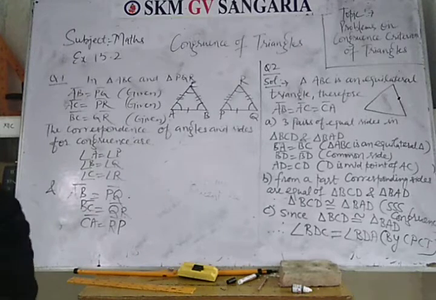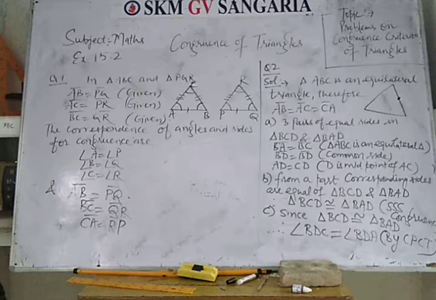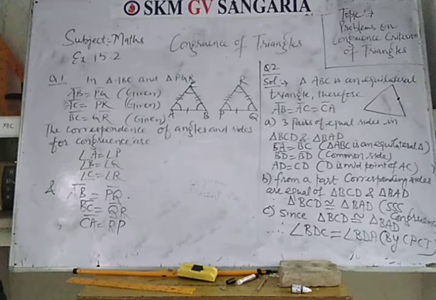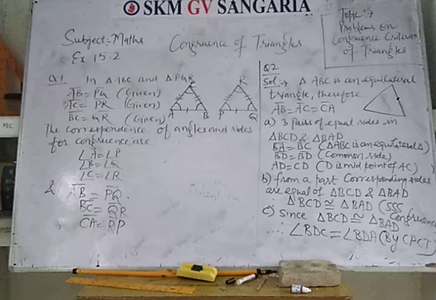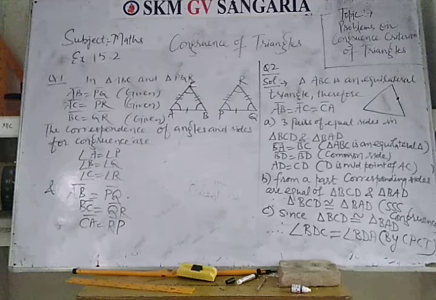In question number 2, in the given figure, triangle ABC is an equilateral triangle and D is the midpoint of AC. State 3 pairs of equal sides in triangle BCD and triangle BAD. In the first part, we will write the pairs of equal sides.